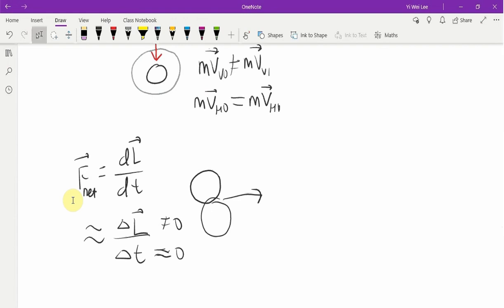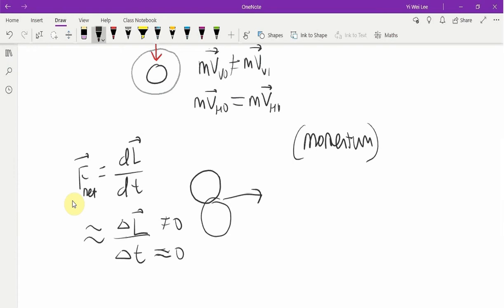So, in order to investigate collision, we always want to use the idea of momentum. We will always try to apply conservation of momentum when solving collision problems. But we cannot just apply this momentum equation anyhow, because conservation of momentum is only applicable when there is no external force, and the idea of external force depends on where you draw the system boundary.